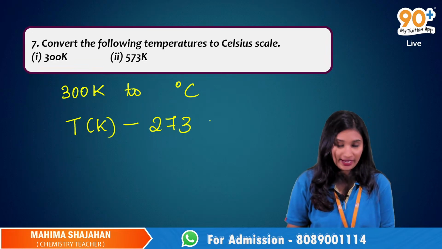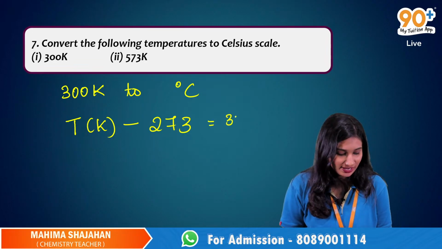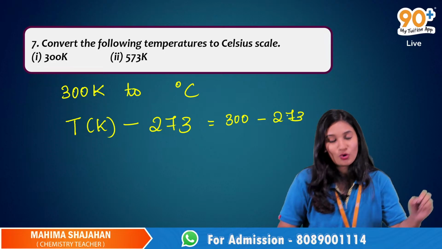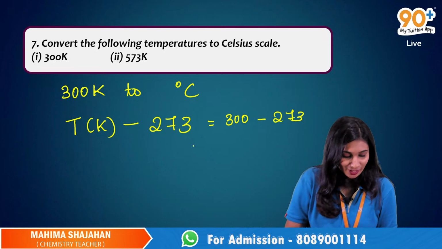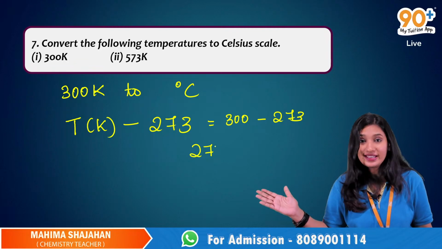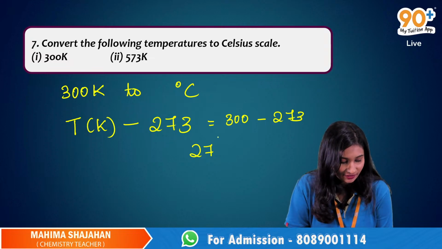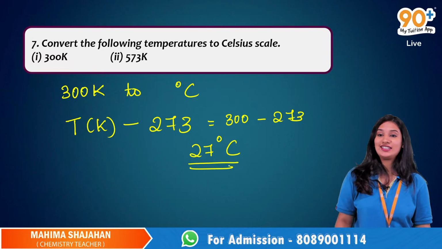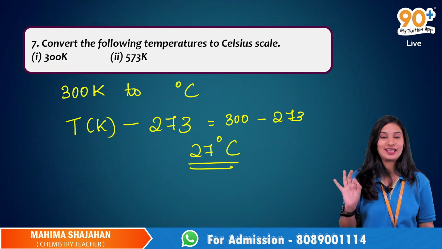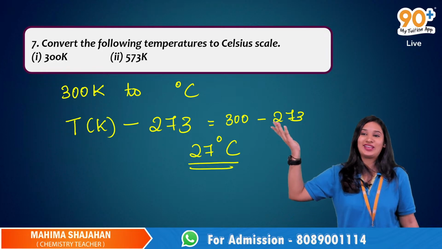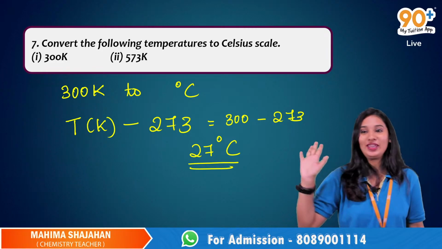So what will you get? You will get 300 minus 273. So what is the answer? It is 27. Now don't just write 27. It is 27 degrees Celsius. Yes, very good. Okay, is it clear?